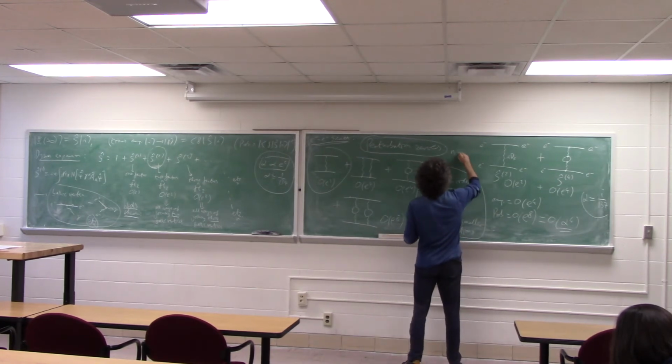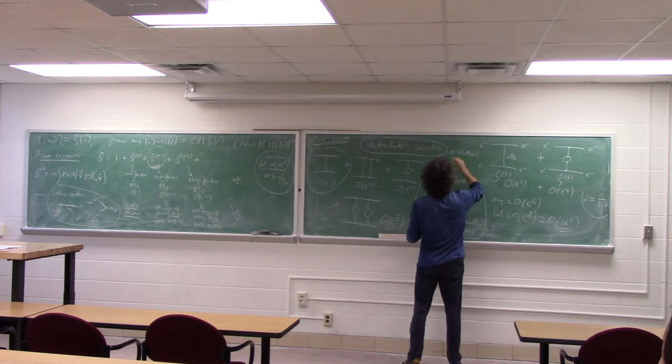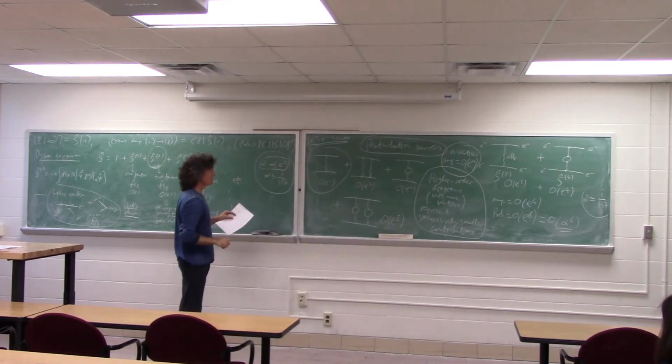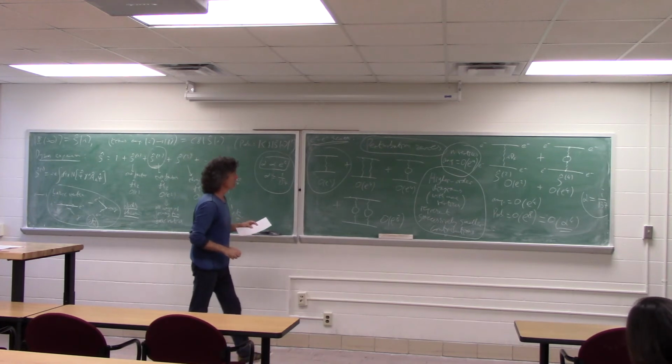So if I have n vertices, the amplitude is of order e to the n. Okay, so this kind of idea.